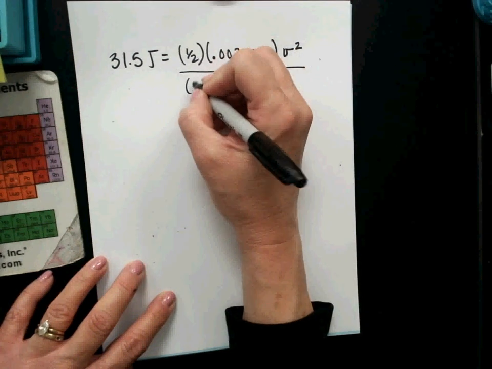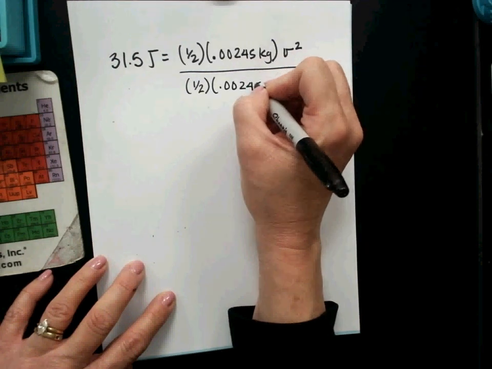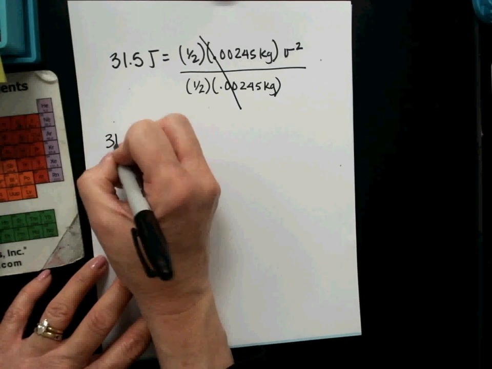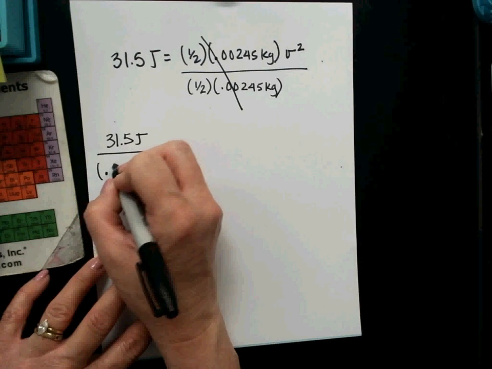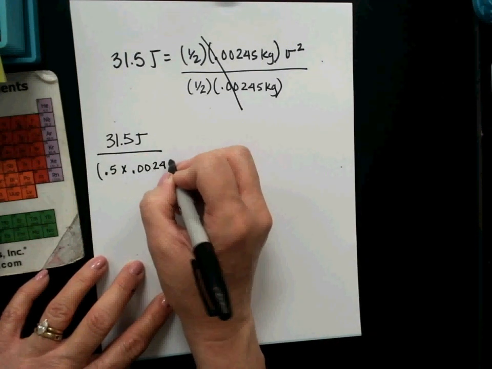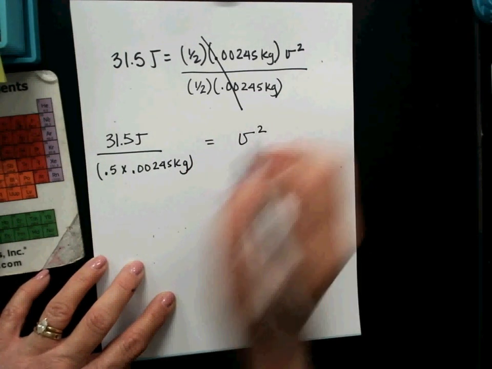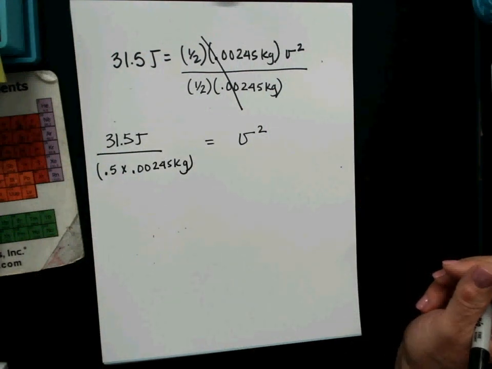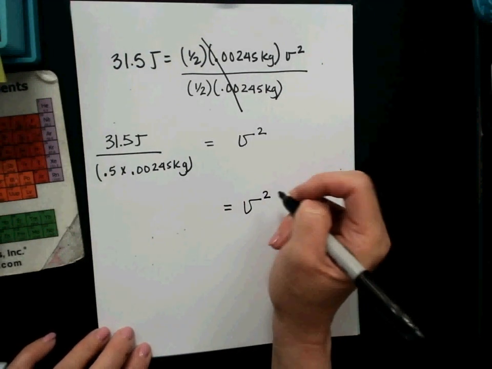To get V squared by itself, I'm going to divide through by 1/2 times 0.00245 kilograms on both sides of my equation. So I'll carry that down. 31.5 joules divided by 0.5 times 0.00245 kilograms equals V squared. Does that make sense to everybody why I did that? Yeah? No questions?